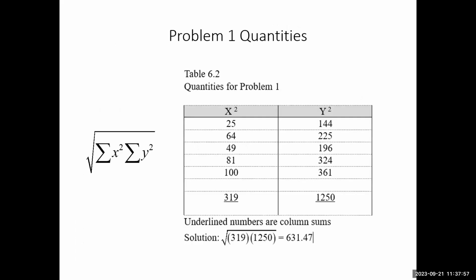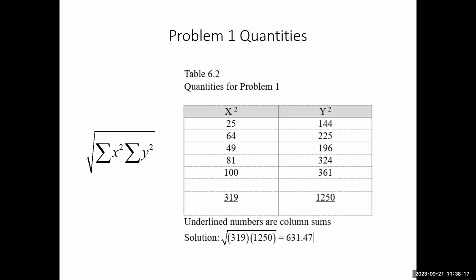So here in table 6.2, I show you some relevant quantities. The column on the left has the x squared values. The column on the right has the y squared values. In the bottom row of the table, I've got the sum of squared x and y values.